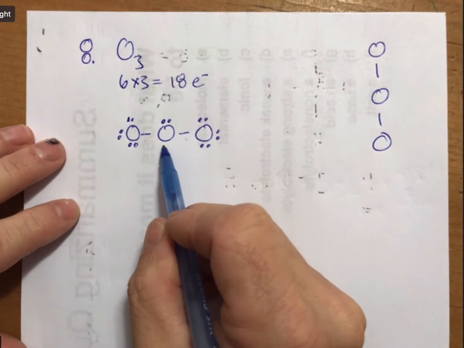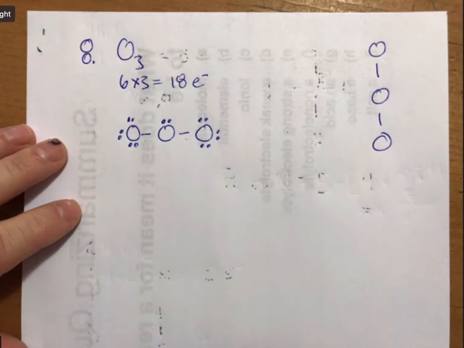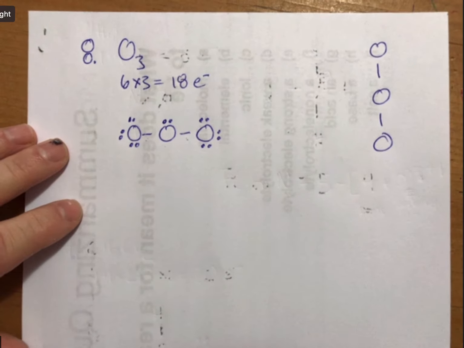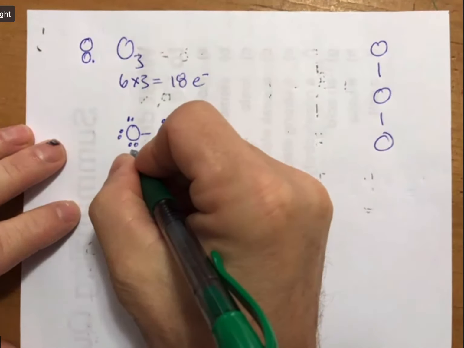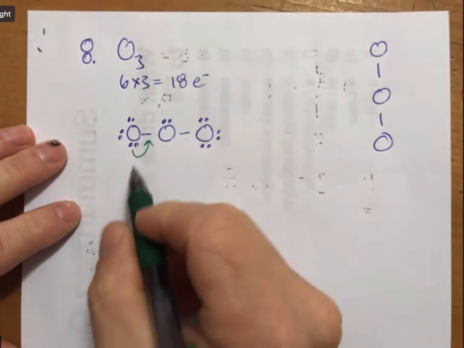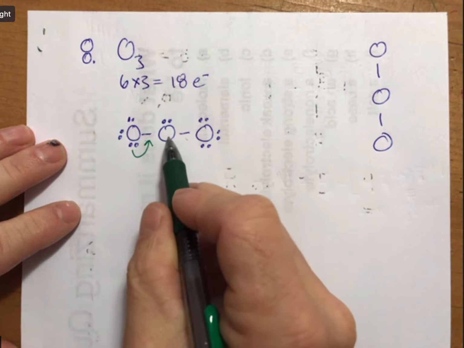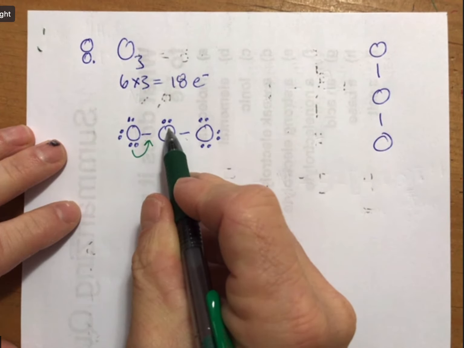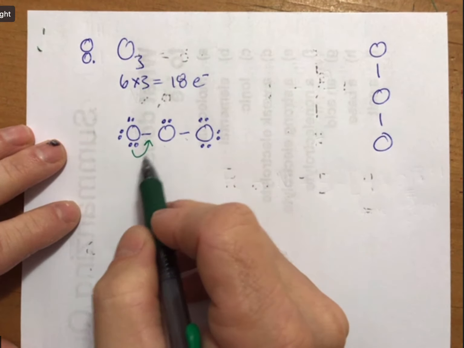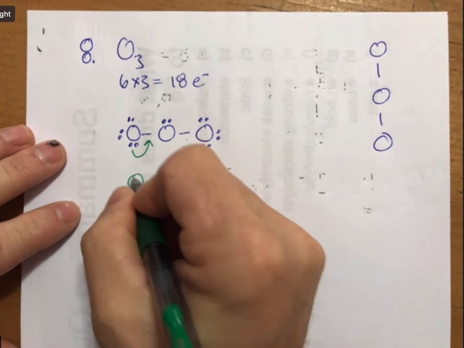I can see that my oxygen does not have an octet. So this is the part in the guidelines where you complete octets. To complete the octet on the central oxygen, I am now going to move a pair of electrons over.